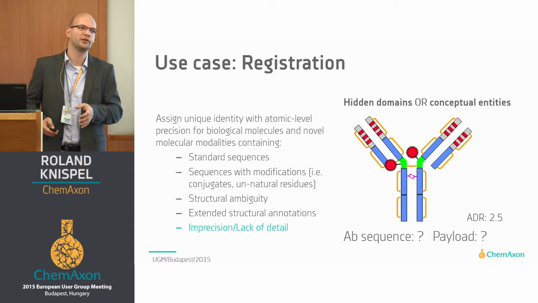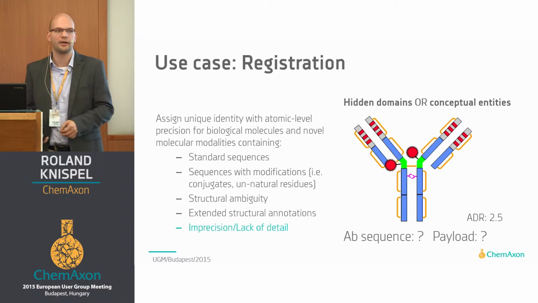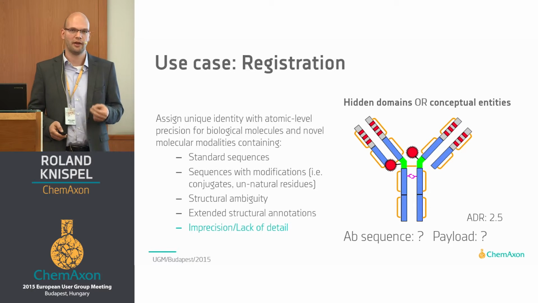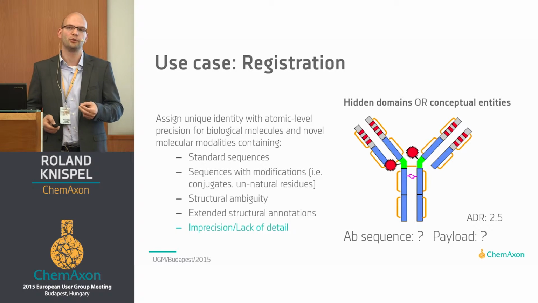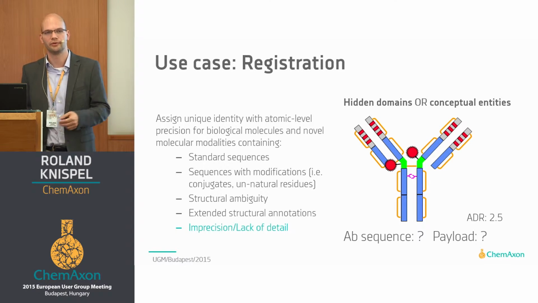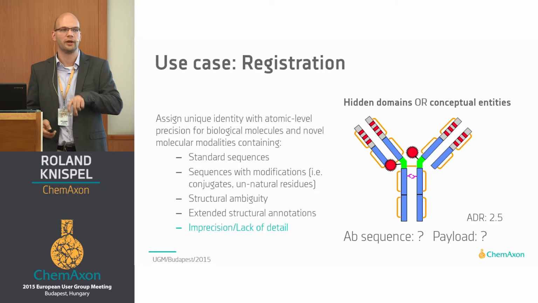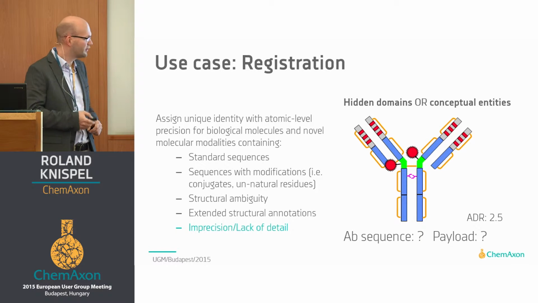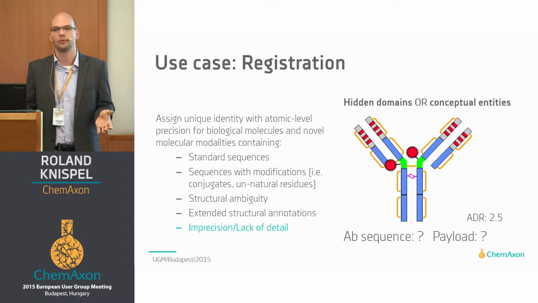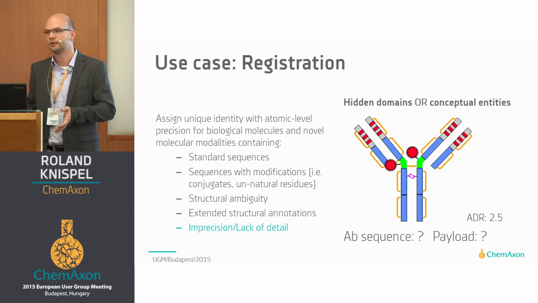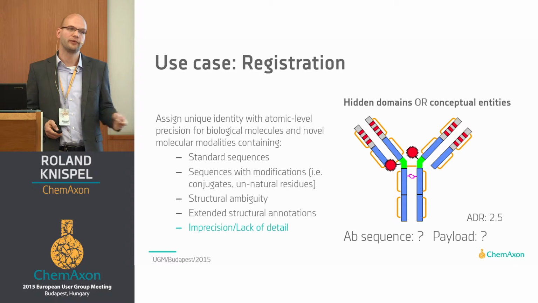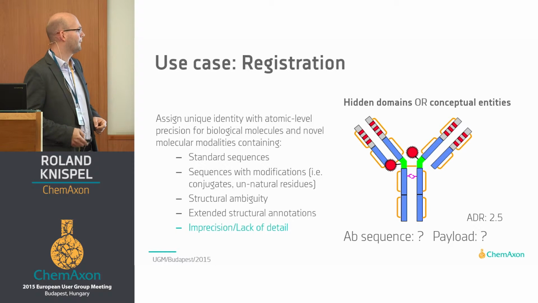But you do a conjugation reaction in order to bind it to a given payload, and then you run the assay results. That thing only has the notion of, well, there is an antibody coupled to something else, of which you know the structure, because that's the knowledge you own. You would like to represent this thing, because it's a sample you're working with, right? So it should end up at some point in your registration database. That's something we support with our biomolecule toolkit.